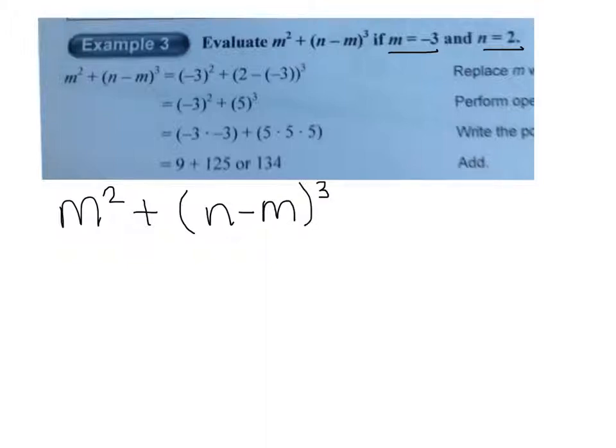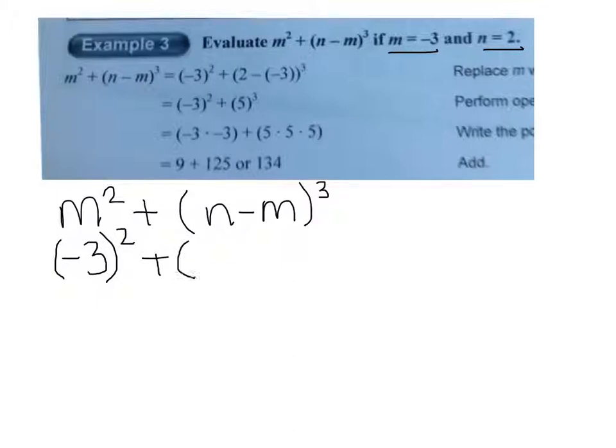The first thing we're going to do is substitute the values in for the variables. So we're going to replace m with -3. Now since you've got a negative, be sure that you use parentheses to make that substitution.